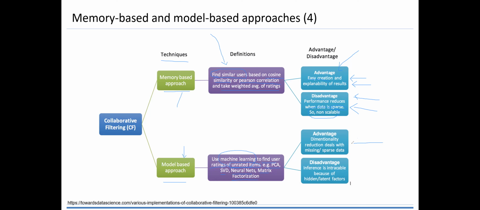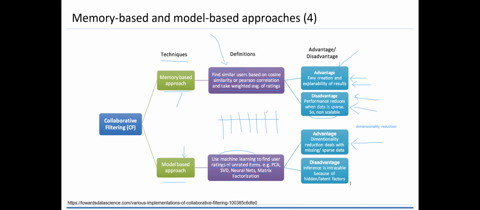So the advantage is we can reduce the dimension. Okay, if you learned from data mining, we have the term dimensionality reduction. The dimensionality reduction, what is dimension? Because dimension is the column or the attributes. So in this case, we have the items.